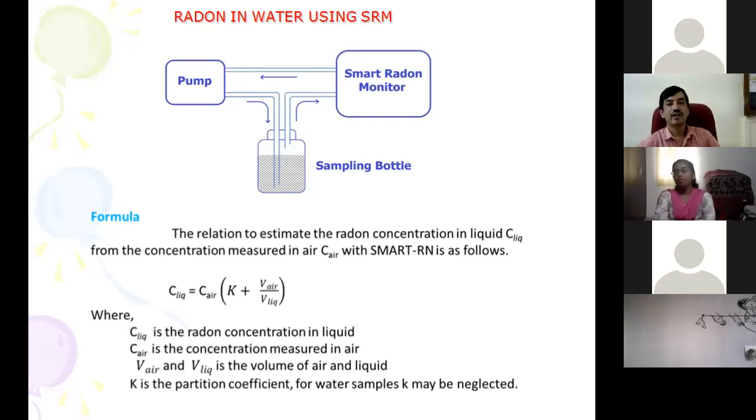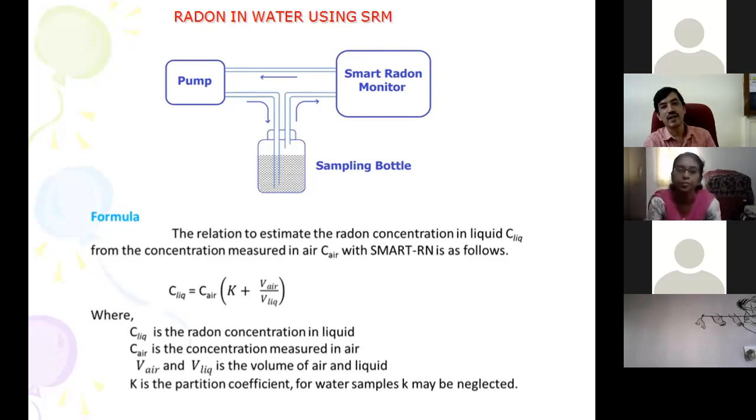Internationally, AlphaGuard and RAD7 are the equipment used to do these types of measurements. AlphaGuard and smart radon monitors can be compared for their working efficiency and other parameters. But cost-wise, it is very small and affordable by colleges and universities.